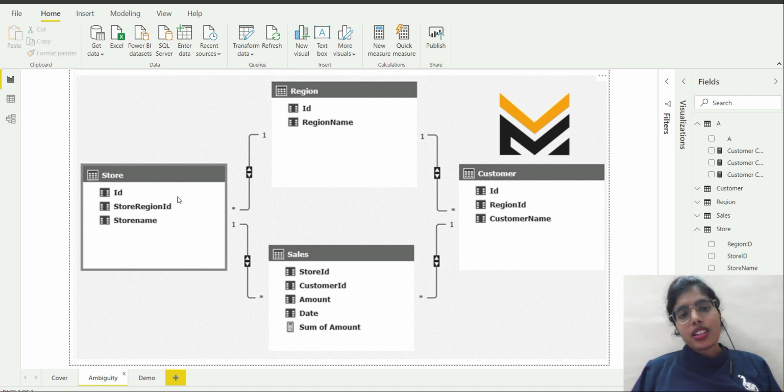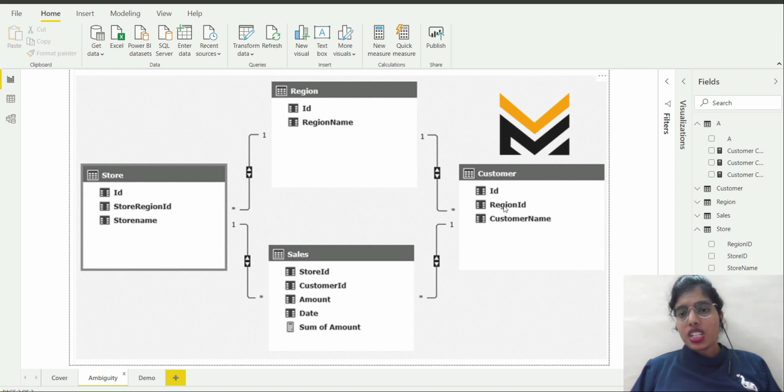If the filter propagation starts from here, it reaches the region and obtains the region which corresponds to store ID equal to 1. Suppose that is Mumbai. From here, the store ID of Mumbai is, suppose, again 1, and from here it reaches customer.